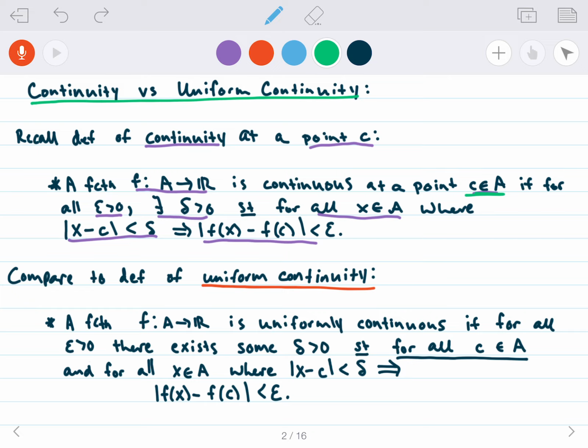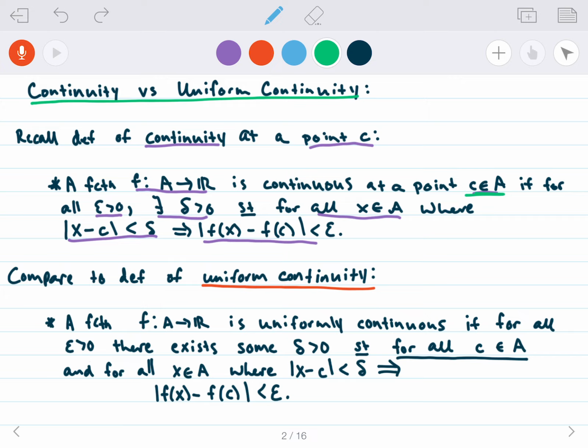We had examples where, like with x squared, for our delta value we had to pick the minimum of 1 and then something else that depended on C. But with uniform continuity, your delta neighborhood can be used everywhere. Like, you don't need different delta neighborhoods in different spots.